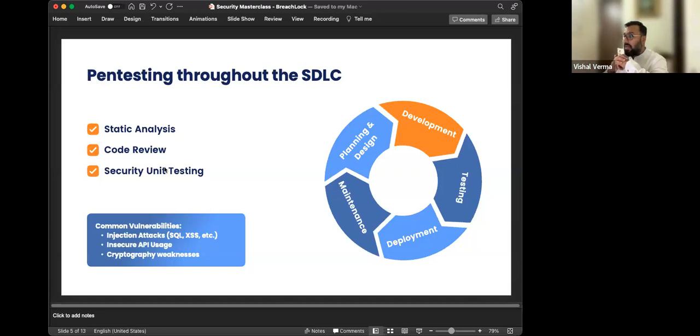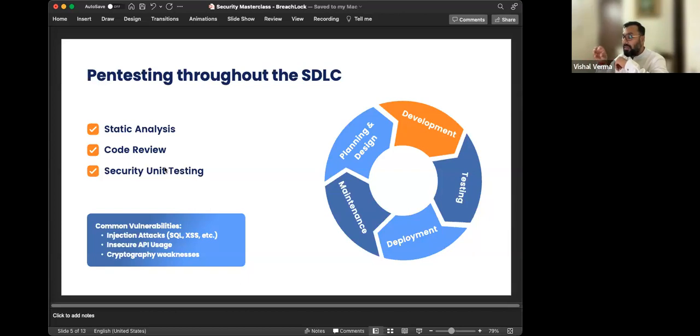Negative unit tests are done against the expected behavior, just to make sure how well the exceptions are handled by the application, and how well it handles anomalous input which it is not expecting from an external individual or user.